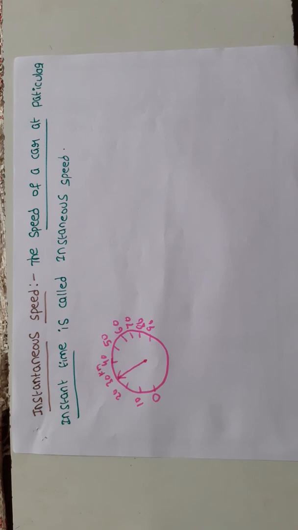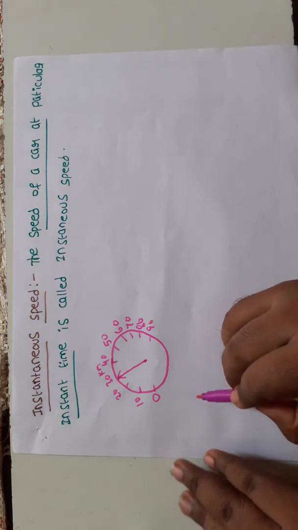So per hour the vehicle is traveling 30 kilometers. That is the instantaneous speed by using the speedometer.